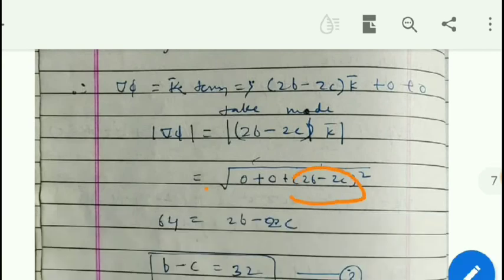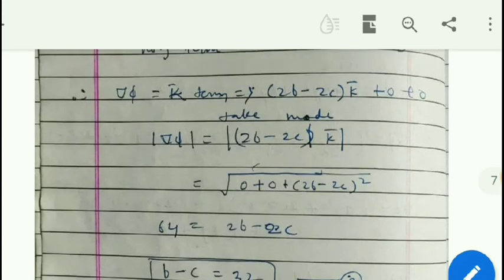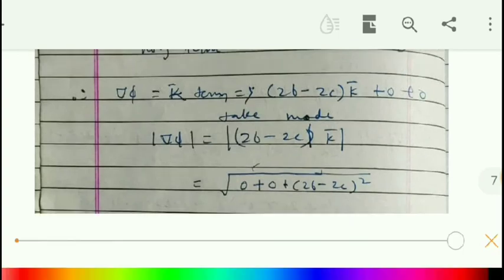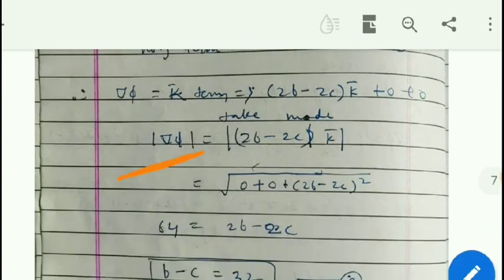So 2b minus 2c, in square and square root. Square and square root is cancelled. The value of mod del phi is 64. So put the value of mod del phi as 64, and here square and square root is cancelled.